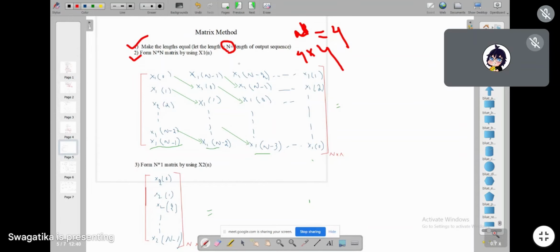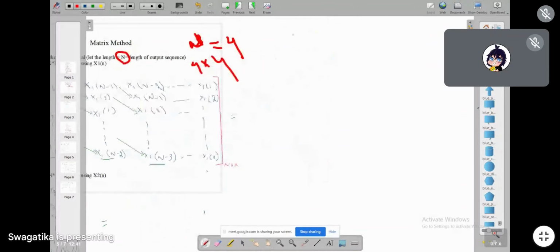You can see here, this is x1 0, x1 1, x1 2, like this. You have your 2 inputs, so the first input you have to arrange as x1 0, 1, 2, like this. As n equals 4, the last number will be x1 3, right? I'm writing here again, so you can see we have x1, n equals 1, 2, 3 and 4.